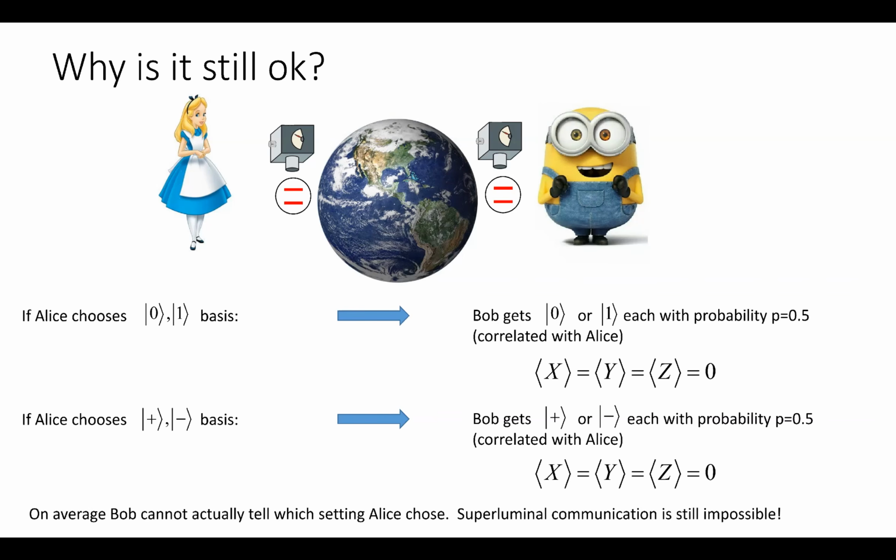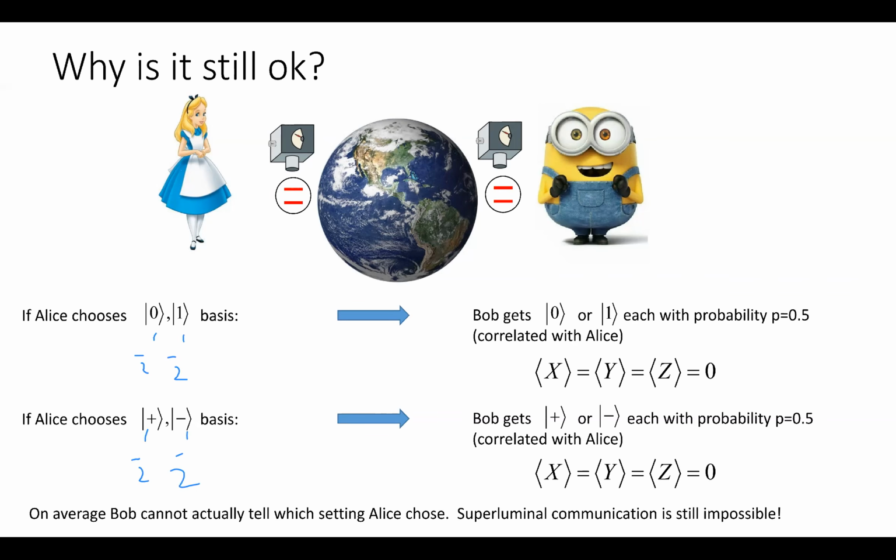the unfortunate fact is that each of these, like the 0, 1, occur with the same probability, half and half. And the plus minus also occurs with the same probability, half and half.